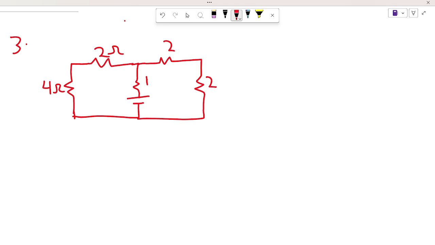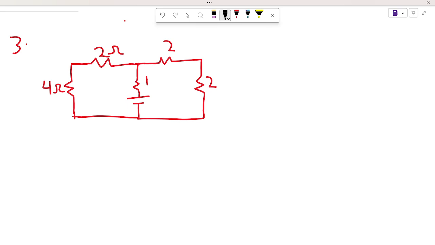In this case, you realize that we don't have any short circuits present in this circuit, and this is actually going to be our effective circuit. First of all, we consider the resistors at both ends.